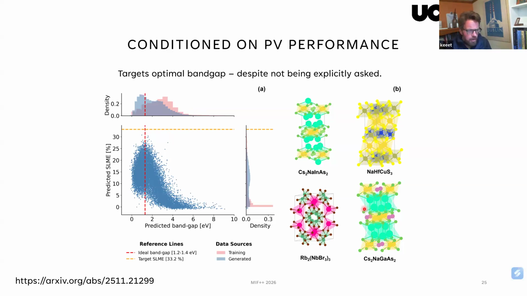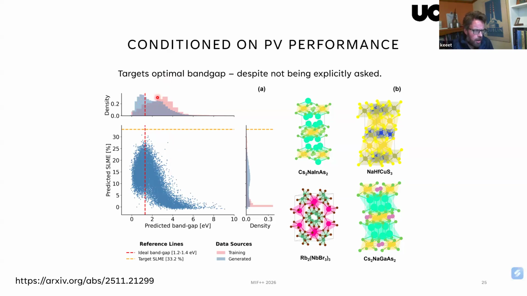But anyway, what we've done is we tried to condition Crystal LLM to find some high SLME materials, and you can see that when you prompt it looking for high SLME, the training distribution is in red here, and in blue is our generated distribution.